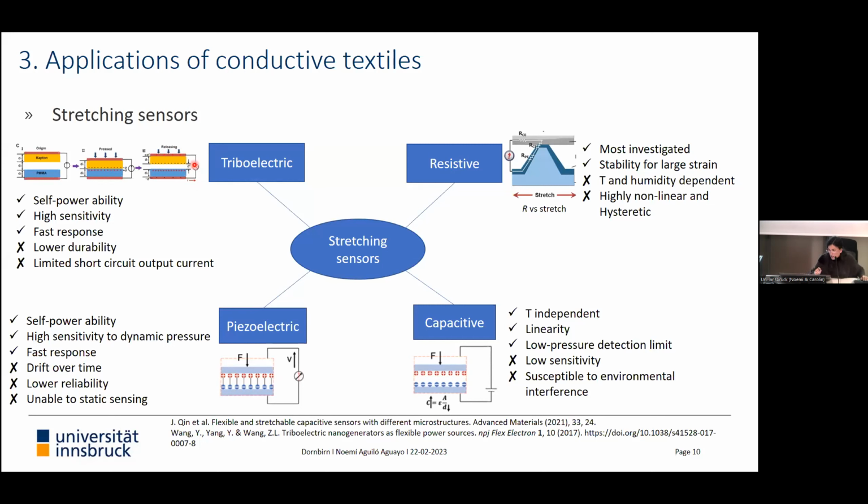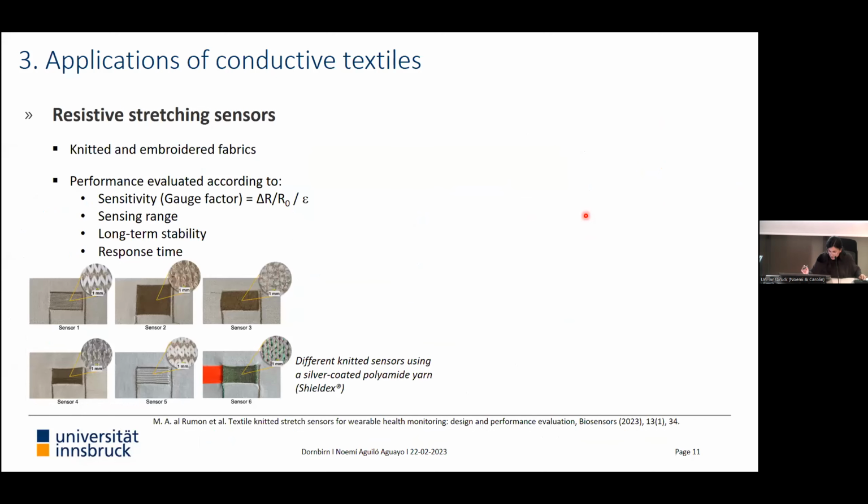So now I will give you some examples of the most investigated system, the resistive stretching sensors. Here you can see some knitted fabrics. As I explained before, knitting is the processing technique mostly used to get stretchable fabrics.